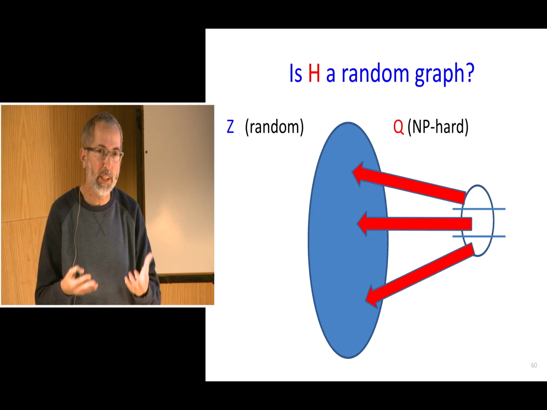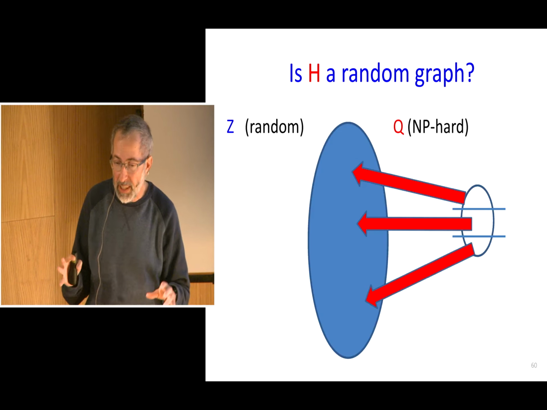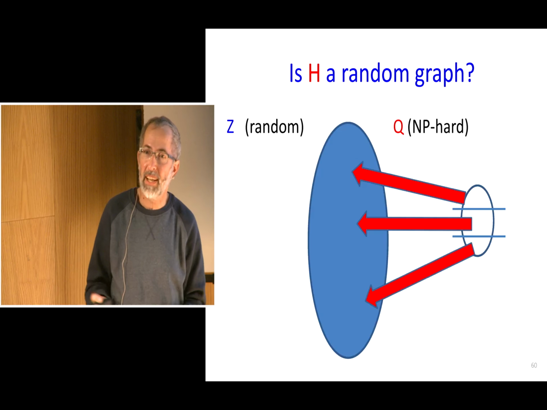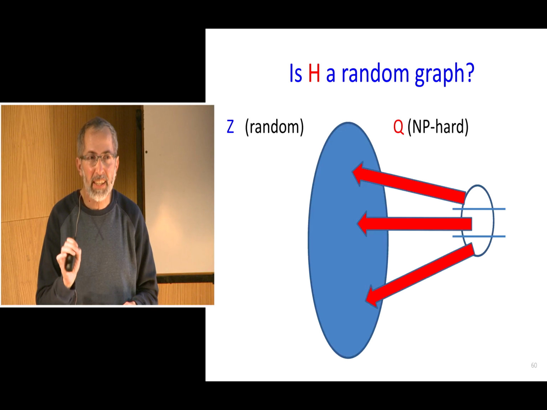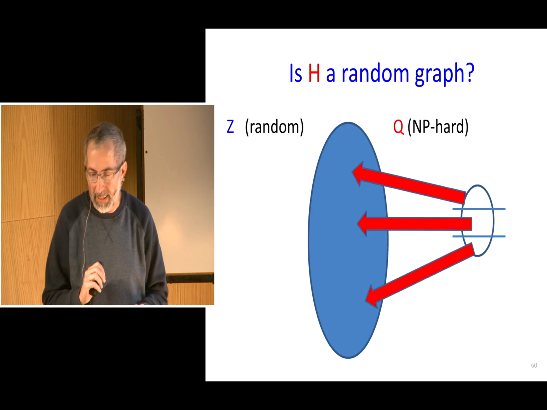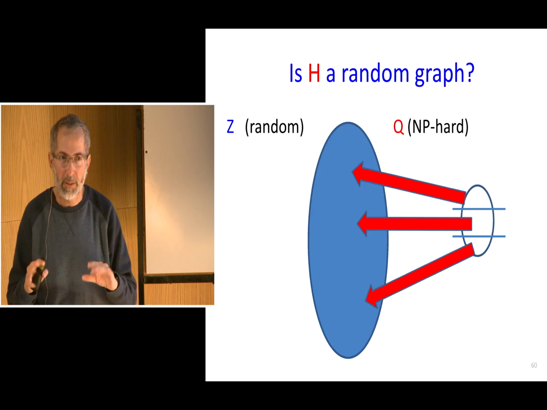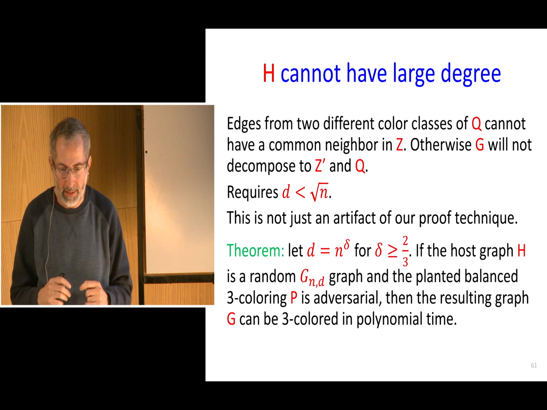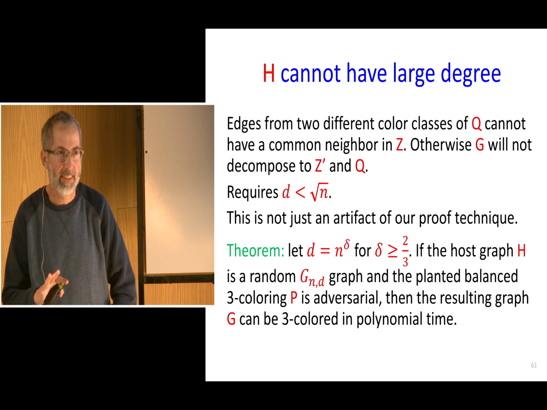It's not exactly the same distribution, but close in, let's say, L1 distance, to a graph G that you get by starting from a random graph and having an adversary very carefully plant in it a 3-coloring. So these two distributions look the same. This is the main statement here, and this requires a proof. It's not trivial.